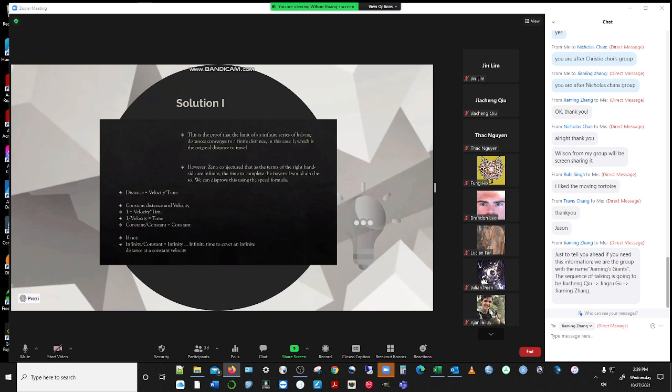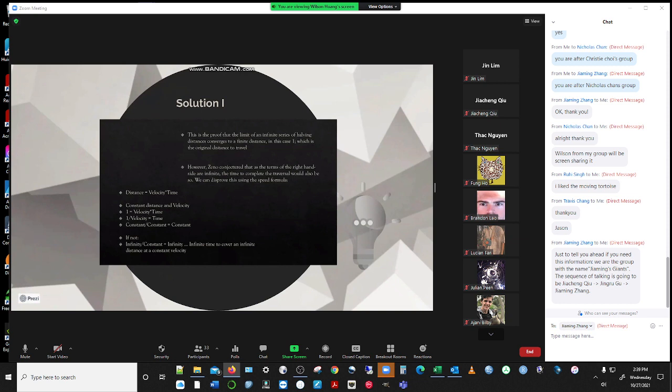However, Zeno conjectured that as the terms on the right-hand side are infinite, the time to complete the traversal would also be infinite. We can disprove this using the speed formula for time. Distance equals velocity times time. If your distance converges to a finite number, then you get a finite number equals velocity times time.